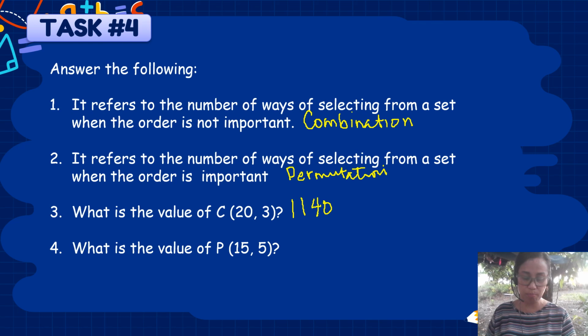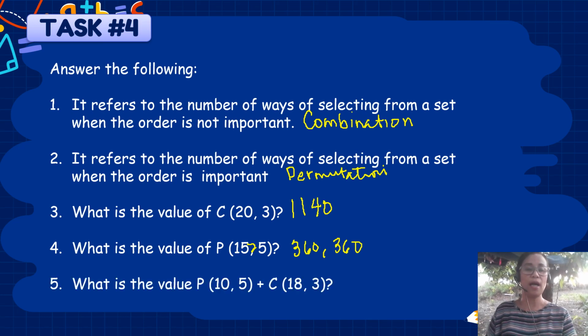Remember, this is P. Press shift, then we go for P. You have 15, then 5 taken at a time. The answer is 360,360.